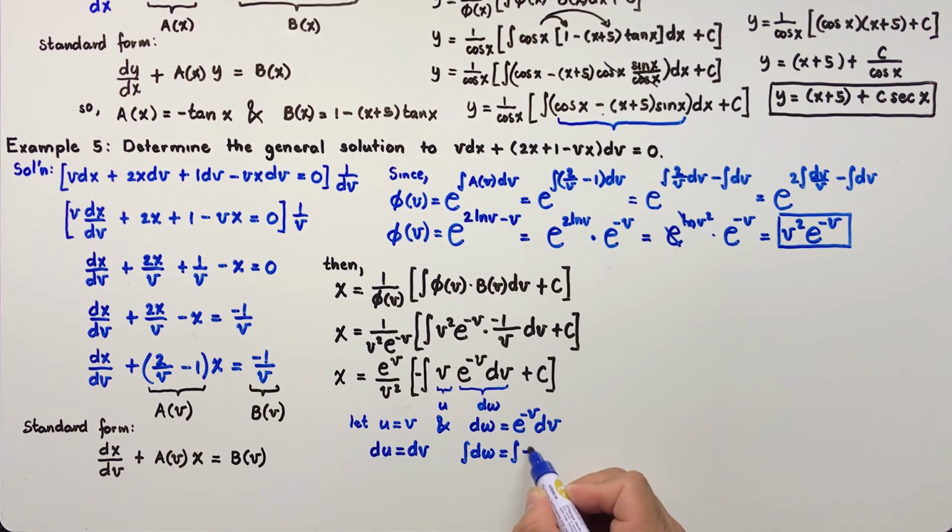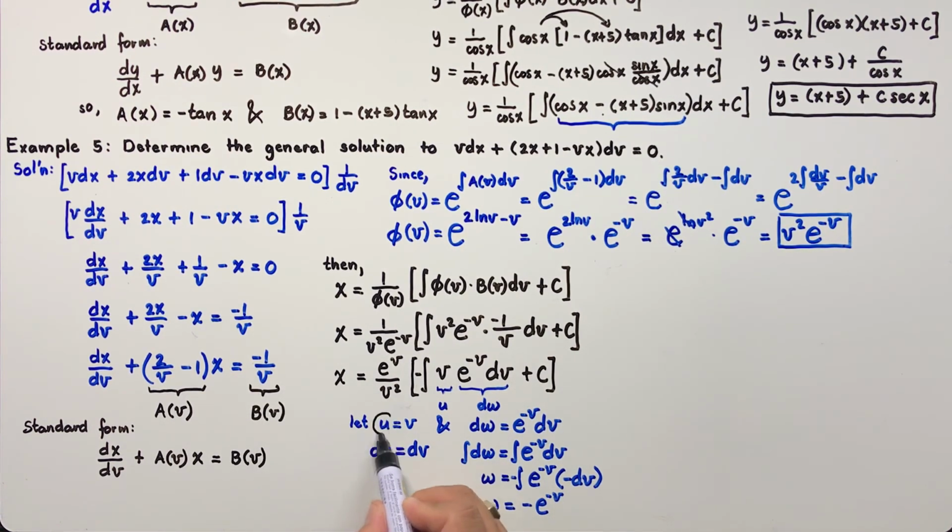So we have the integral of e to the power negative v dv, and we know that the differential of negative v is negative dv. So we have the integral of e to the power negative v times negative dv. And to neutralize this added negative, we need to add a negative outside the integral symbol. So we have our w, which is equal to the negative of e to the power negative v.